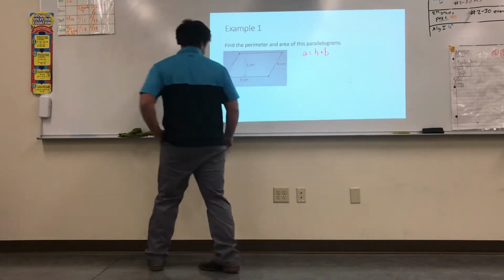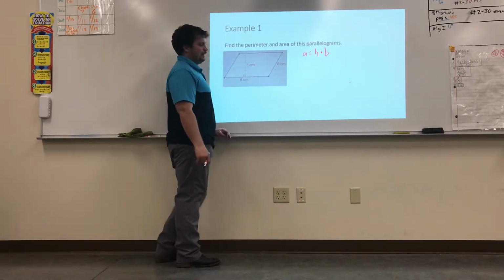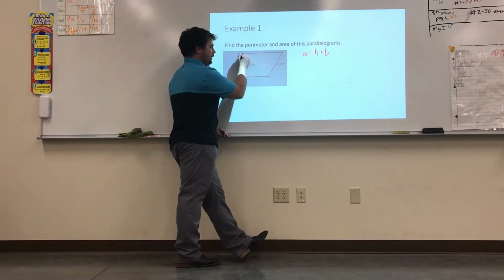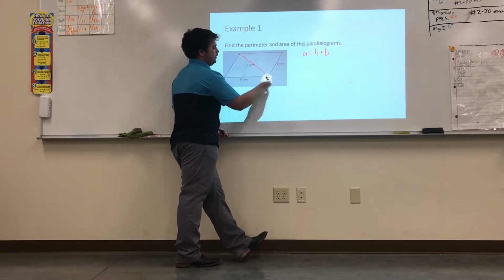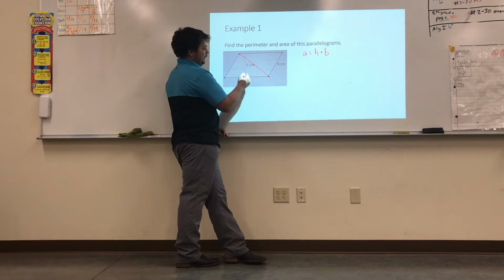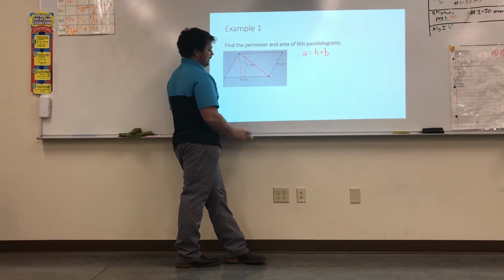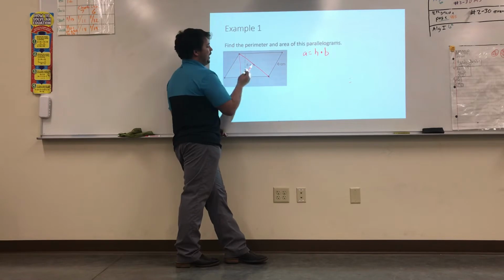Now, you might think of that, well that kind of looks like the area of a triangle. If I find the area of this triangle, the height is still going to be 5, and I would take 5 times 8, because that's my base, and then half it. Well, now we have two triangles, so we don't have to half it anymore.